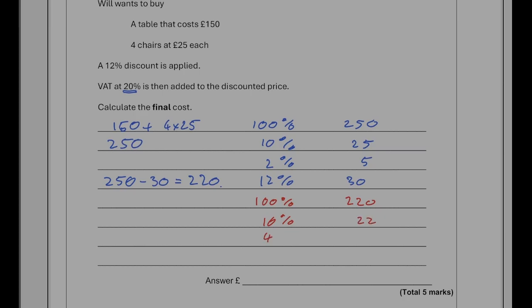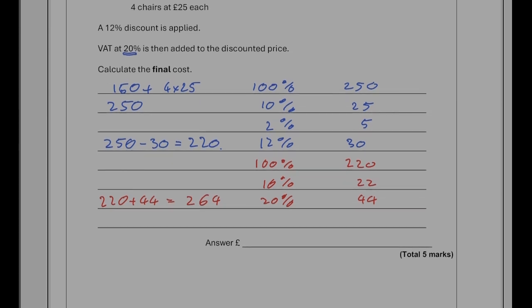So 20% is going to be double that, so 44. And then finally I want to do 220 plus 44, which is going to give me 264. So the final price then is going to be £264.